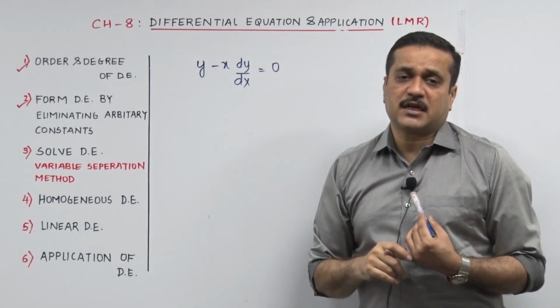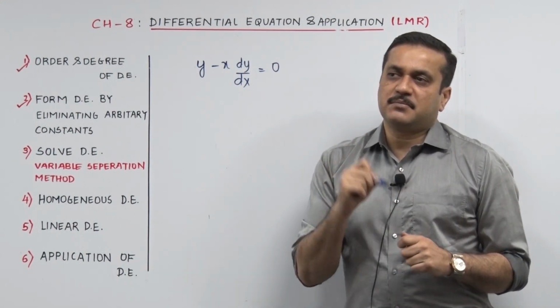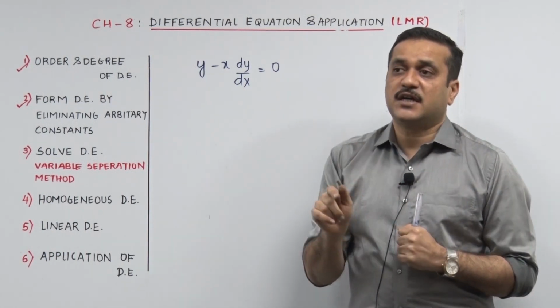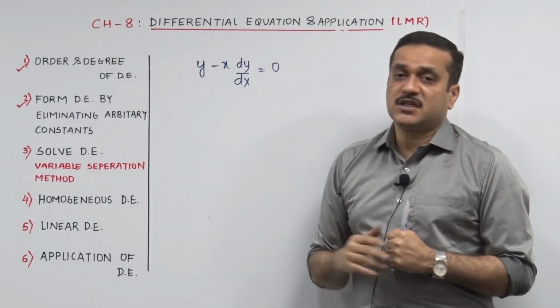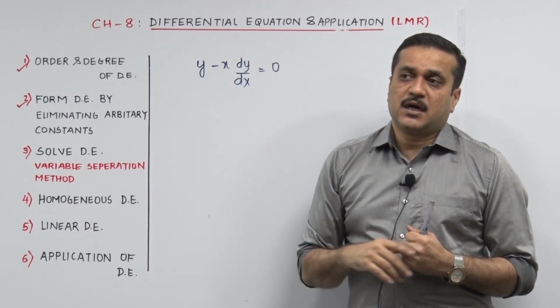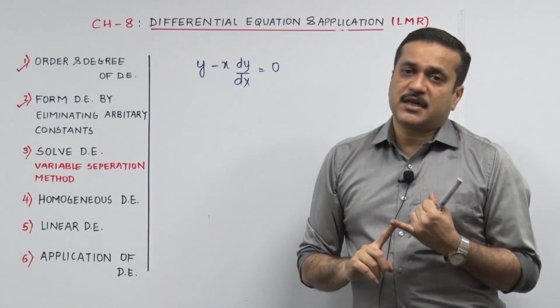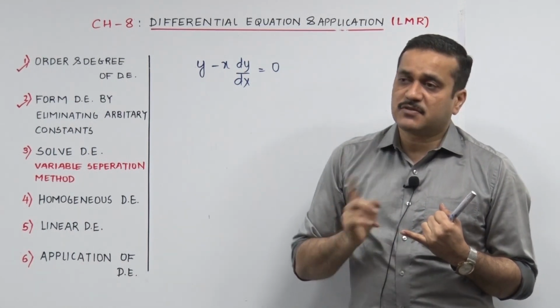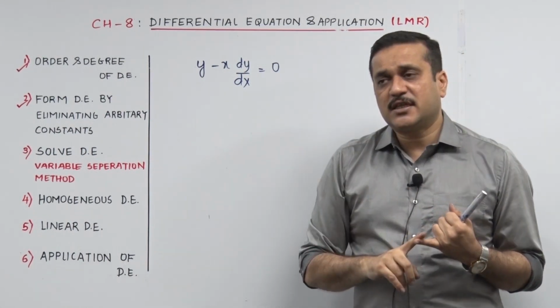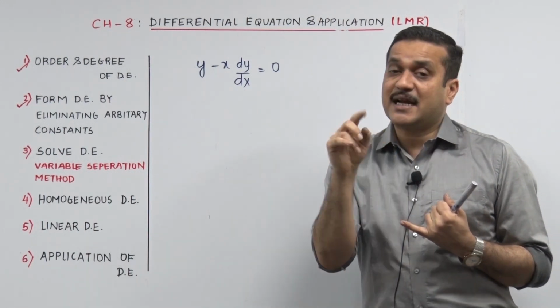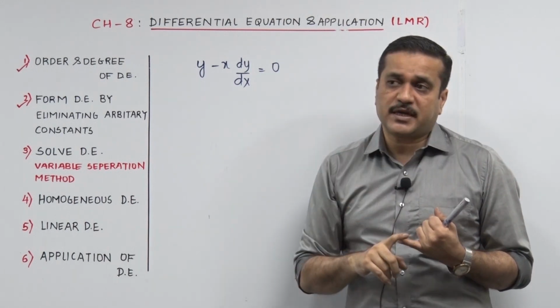Let me come in once again. You need to understand the method very nicely, because that is the method we are going to use continuously till the homogeneous differential equation. Coming back, our differential equation contains what? dy by dx, x terms, y terms. So, it becomes very natural that you need to push your x terms towards dx, so that when you integrate those terms, they get integrated with respect to x.